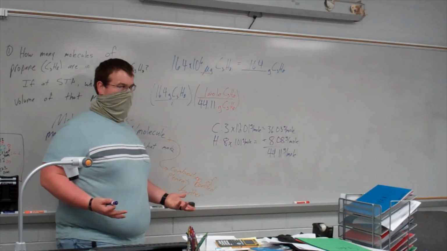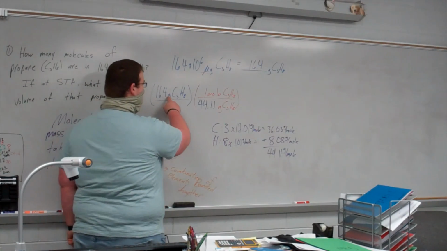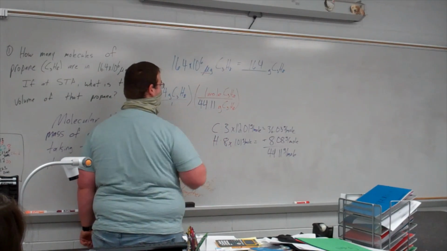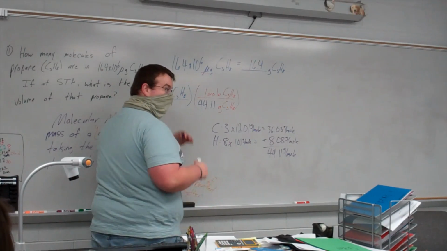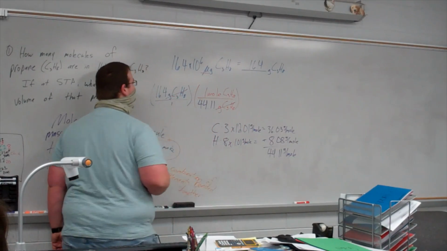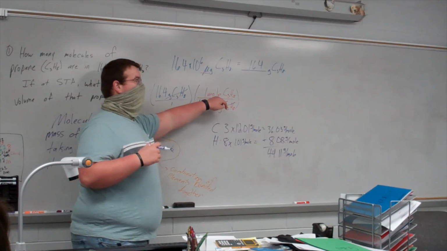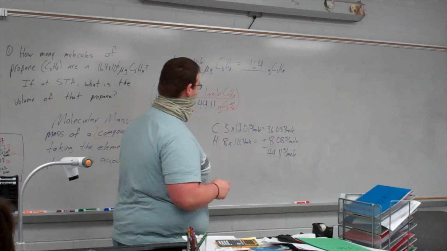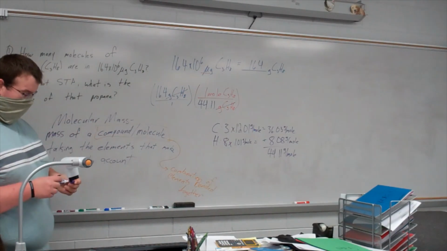Go back to your algebra. I got grams in the numerator, and here I have grams in the denominator. It's grams of propane. So they cancel out, leaving me with moles of propane on top, which is what we're after.